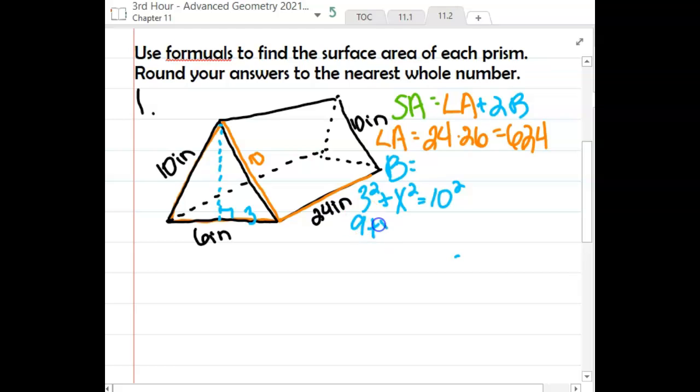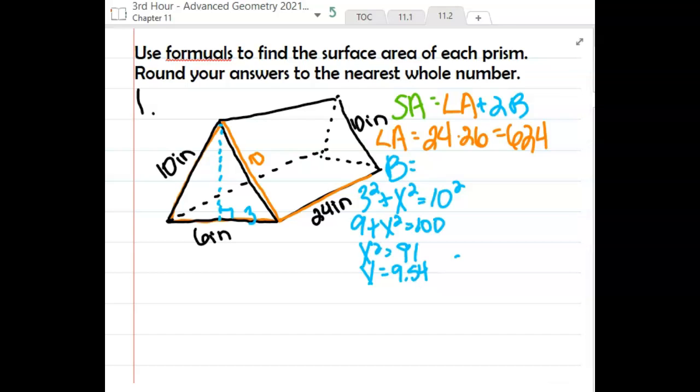That would be 9 plus x squared equals 100, which would be x squared equals 91, and if you take the square root of that, it ended up being about 9.54. Just using the Pythagorean theorem to find the height of the triangle.